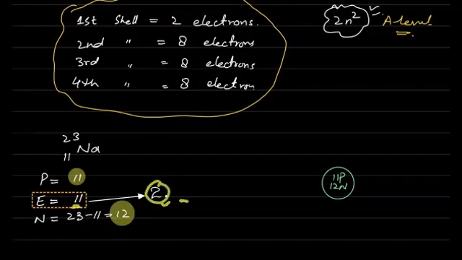Now we'll go to the second shell. The remaining electrons are 9. Out of 9, 8 electrons are accommodated in the second shell. How many electrons are left? 2 plus 8 is 10 electrons accommodated. 1 electron is left. That remaining 1 electron will go in the third shell. So this is 2, 8, and 1. It is the electronic configuration.